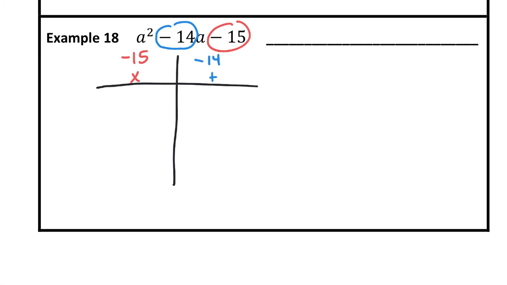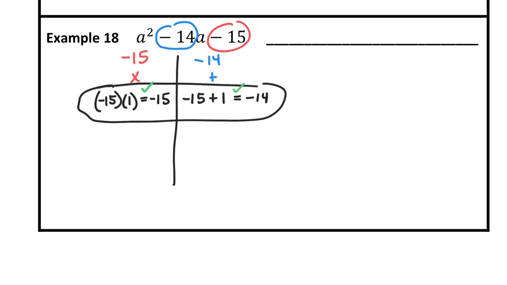So I can try -15 times 1. That gives me -15. Yeah, that's what I want to get. And then if I take -15 and I add it with 1, that's going to give me -14. So I have a winner here.